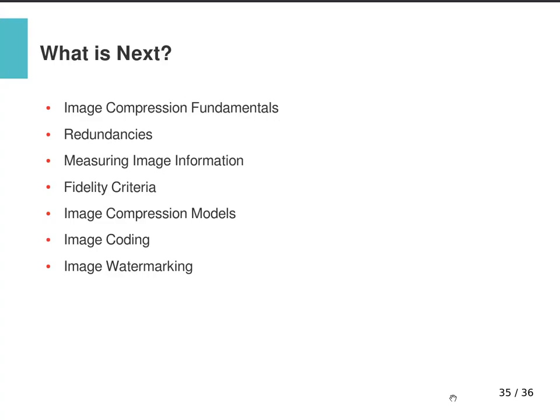I will show you ways to measure image information, how to measure the fidelity of image compression algorithms, then briefly go over image compression models, and then some notes on image coding and image watermarking.